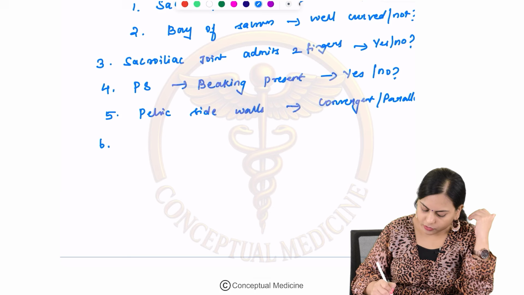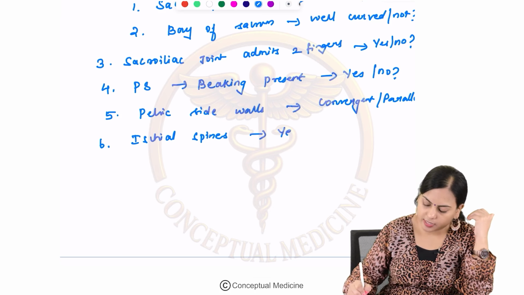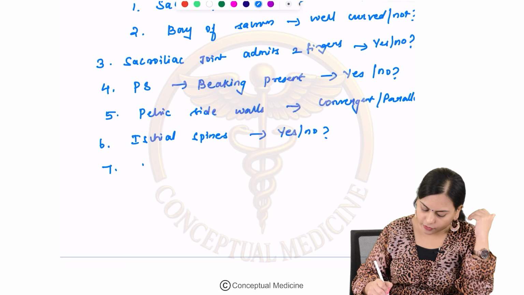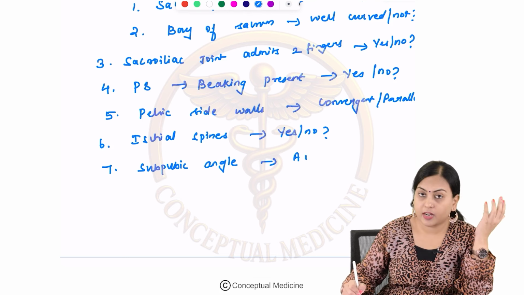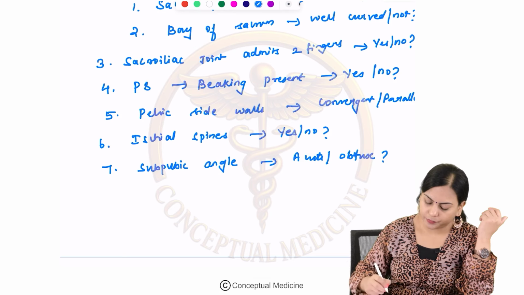Then check the ischial spines' prominence, yes or no. Then check the subpubic angle, whether you have an acute angle or an obtuse angle.